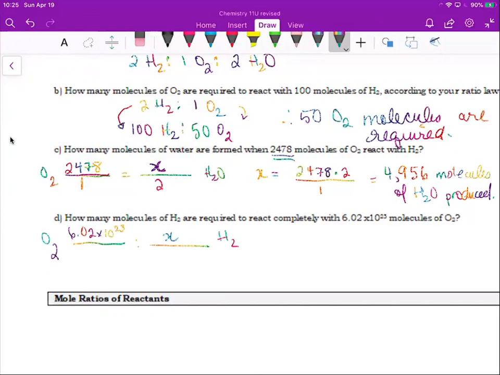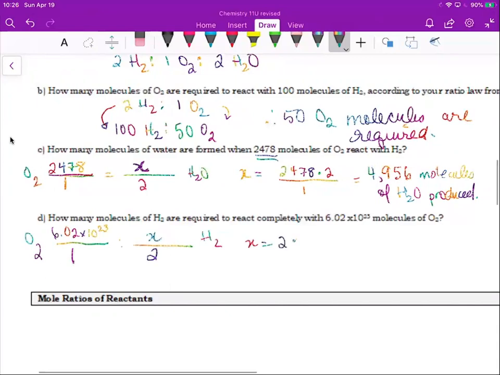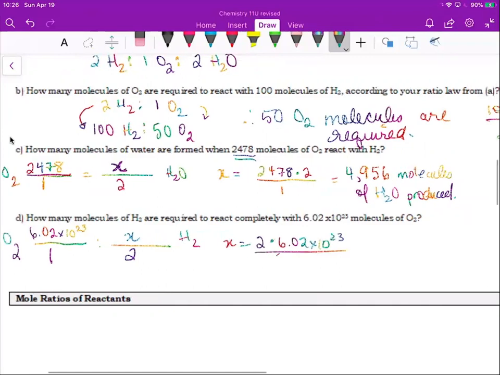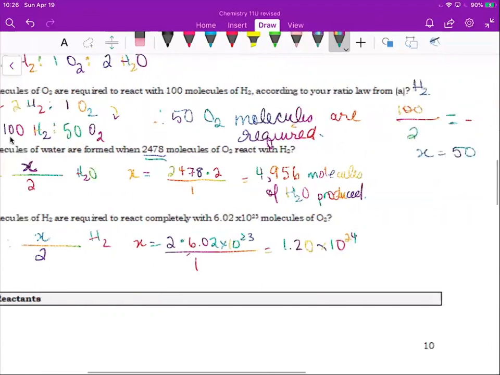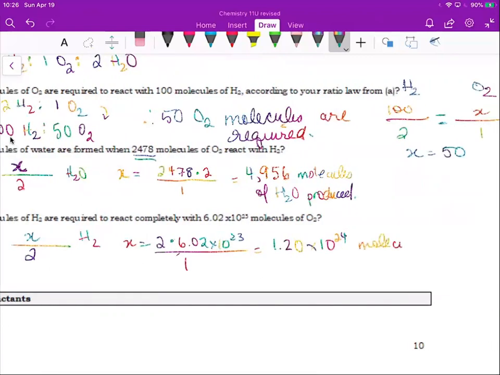My ratio is that for every 1 oxygen consumed, 2 hydrogen particles are consumed as well. So when I rearrange it, it's 2 times 6.02 times 10 to the 23 over 1, and I get 1.20 times 10 to the 24 molecules of H2 required.